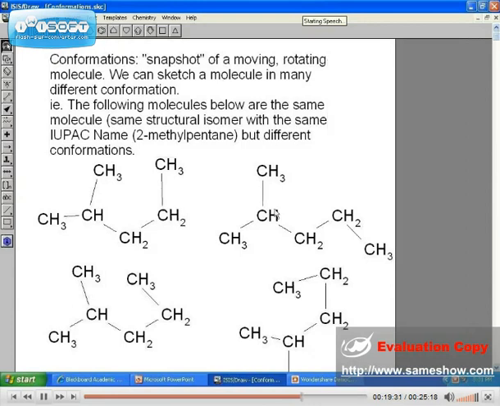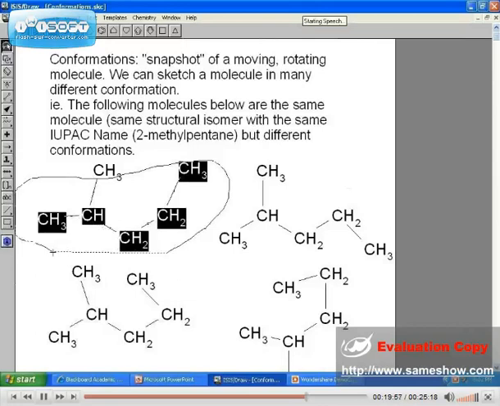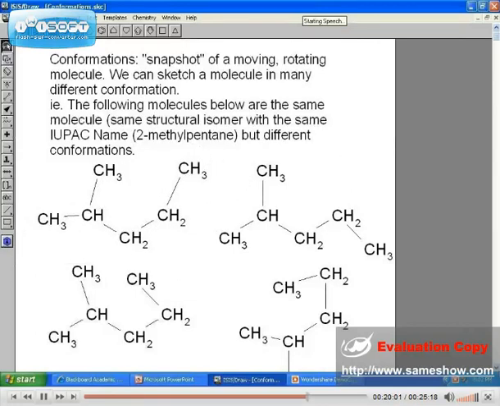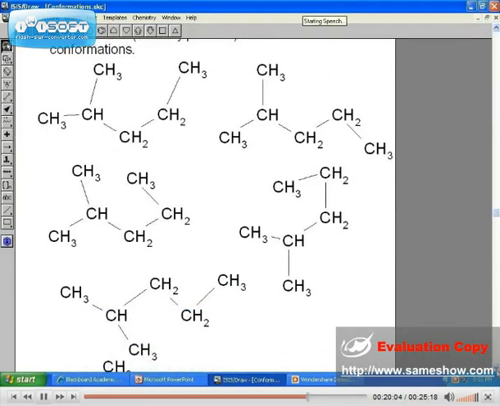So, we have a term for writing the structural isomer in different rotations and overall shapes. We call these conformations. A better definition of conformation is it's a snapshot of a moving, rotating molecule. So there's more than one way that we can sketch a conformation for a particular structural isomer. I want you to take a look at all of these molecules right here.